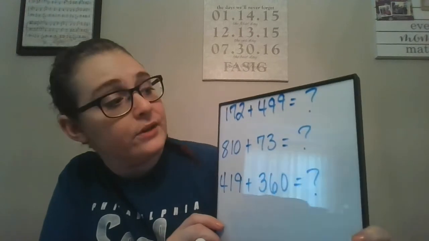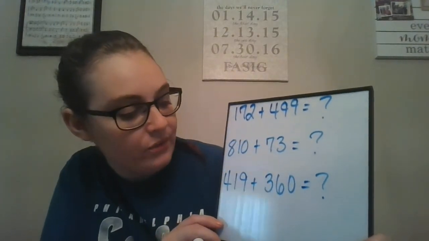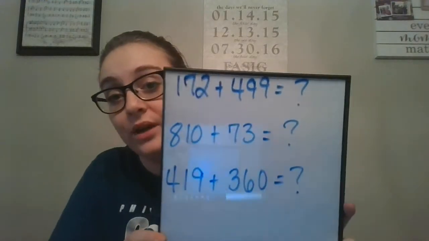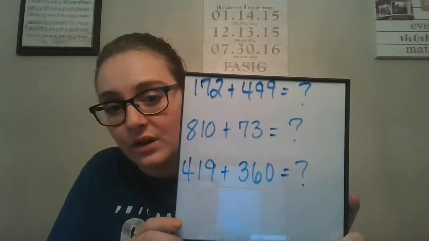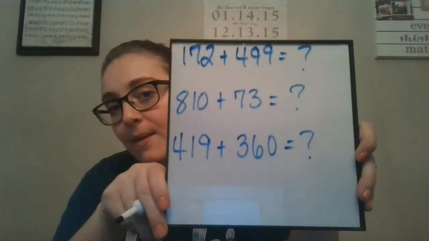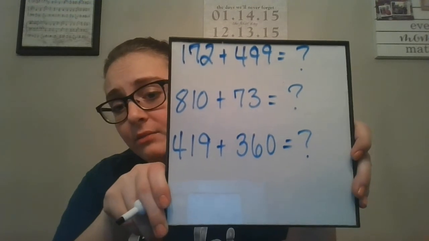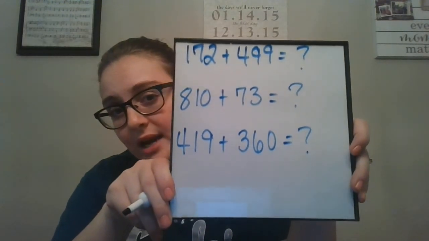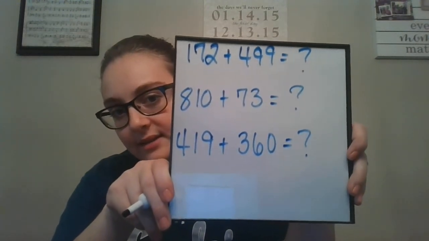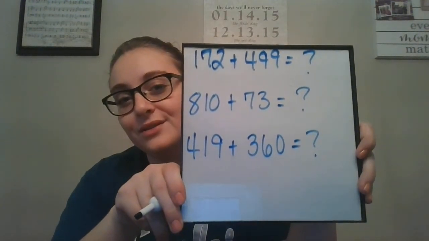So we have 172 plus 499, 810 plus 73, and 419 plus 360. So those are your challenge problems that I encourage you to do. Obviously for these, you can solve them with the break apart method or a different method, but I am challenging you to try to solve them using the number line since that's the strategy we just reviewed. So this is your challenge.